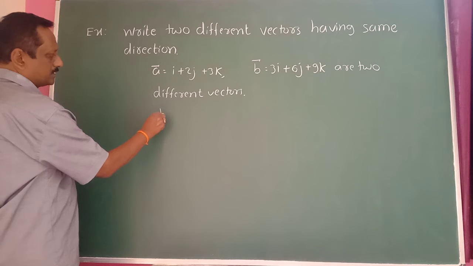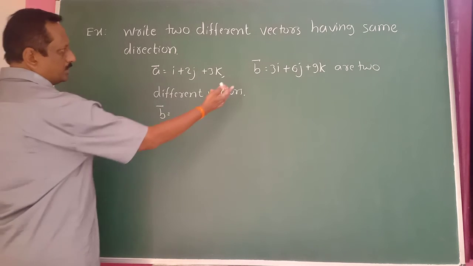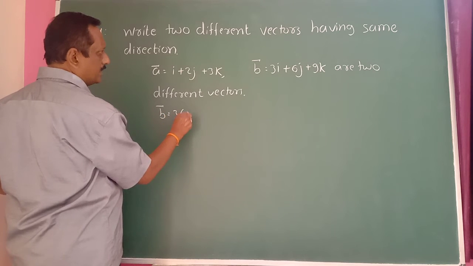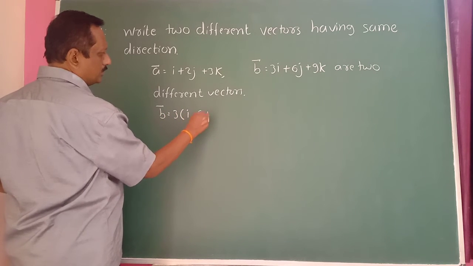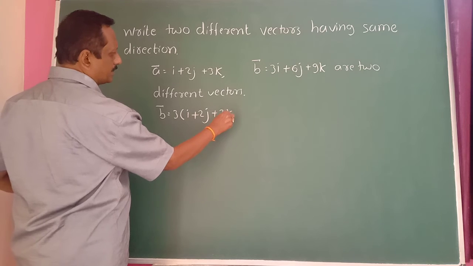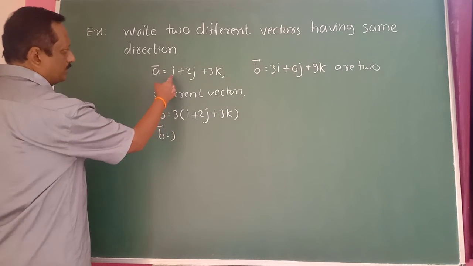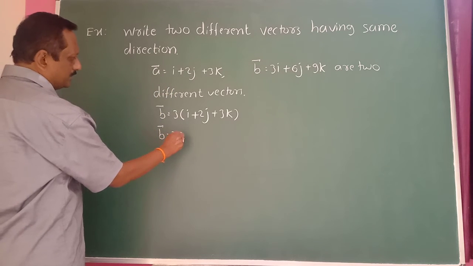Therefore b bar is equal to, here 3 is the common factor, then you can write here i plus 2j plus 3k. Therefore b bar is equal to 3 into i plus 2j plus 3k, which is a bar, so 3 into a bar.